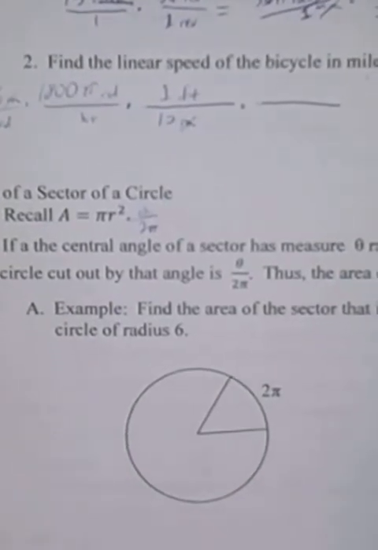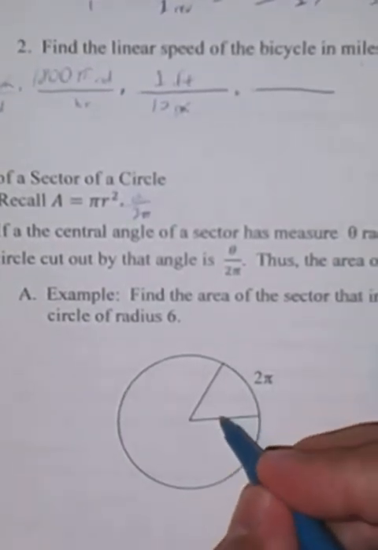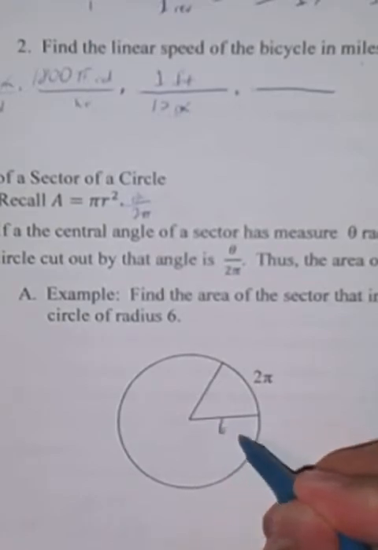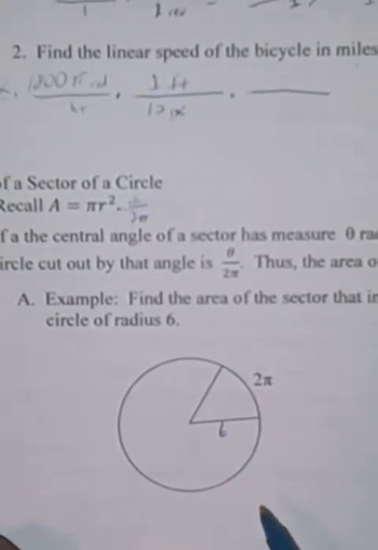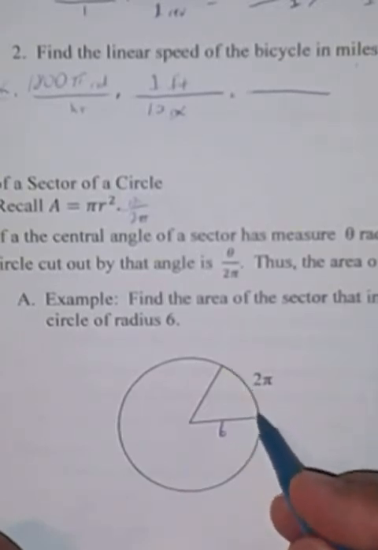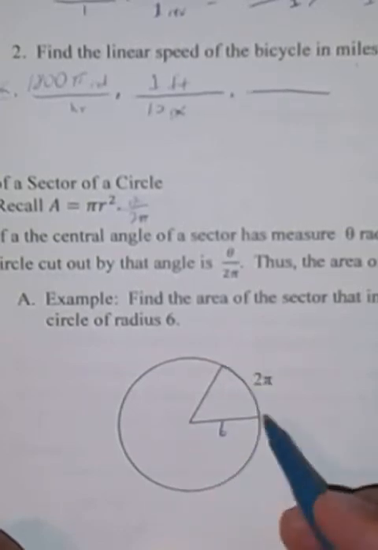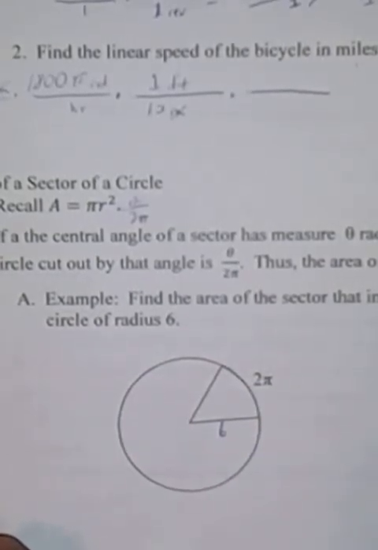It's not labeled on my circle. My radius is 6, and the arc length is 2 pi. I'm sorry, my arc length is what defines how much of the sector there is.